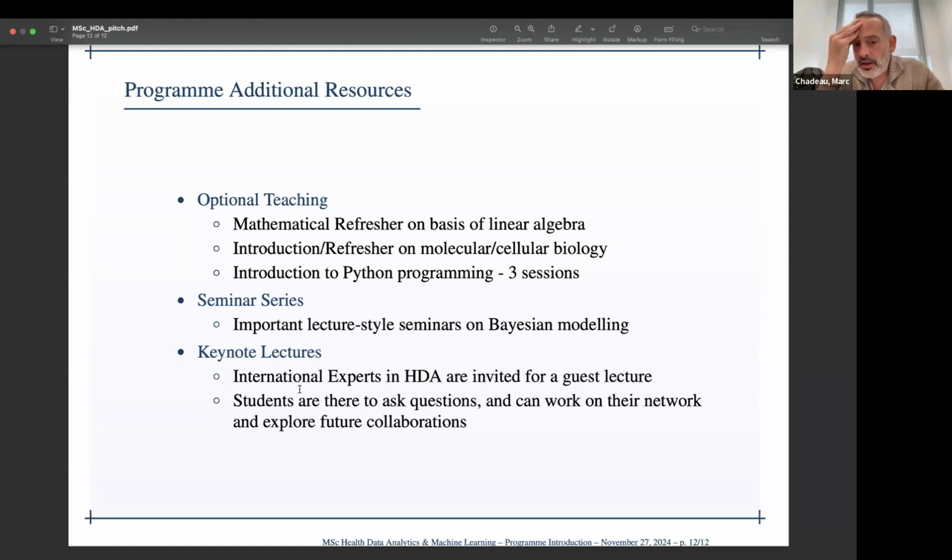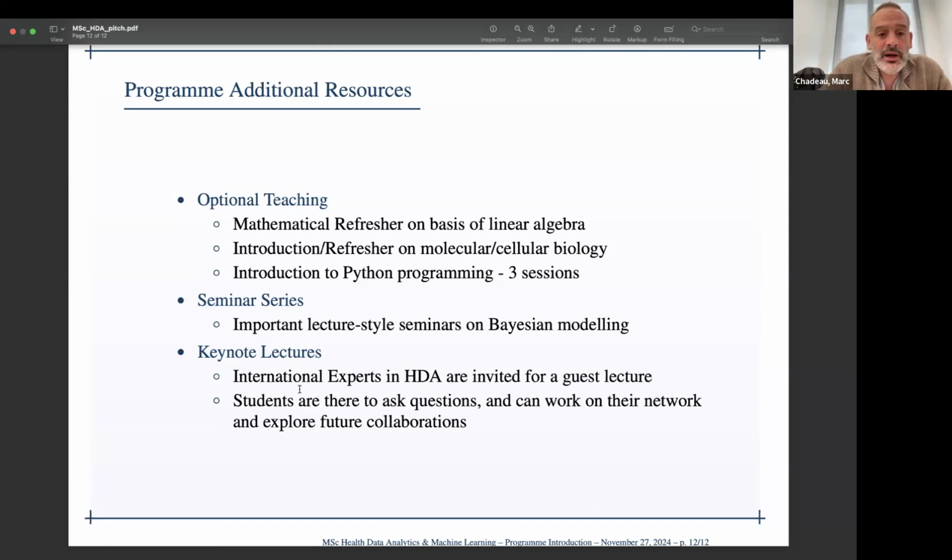There's also an introduction or a refresher on cellular and molecular biology so that you start with the common knowledge in your pocket. And then there are a few sessions on programming. There's one on Python and one in R that are also organized at the very beginning of the program so that you feel more comfortable.